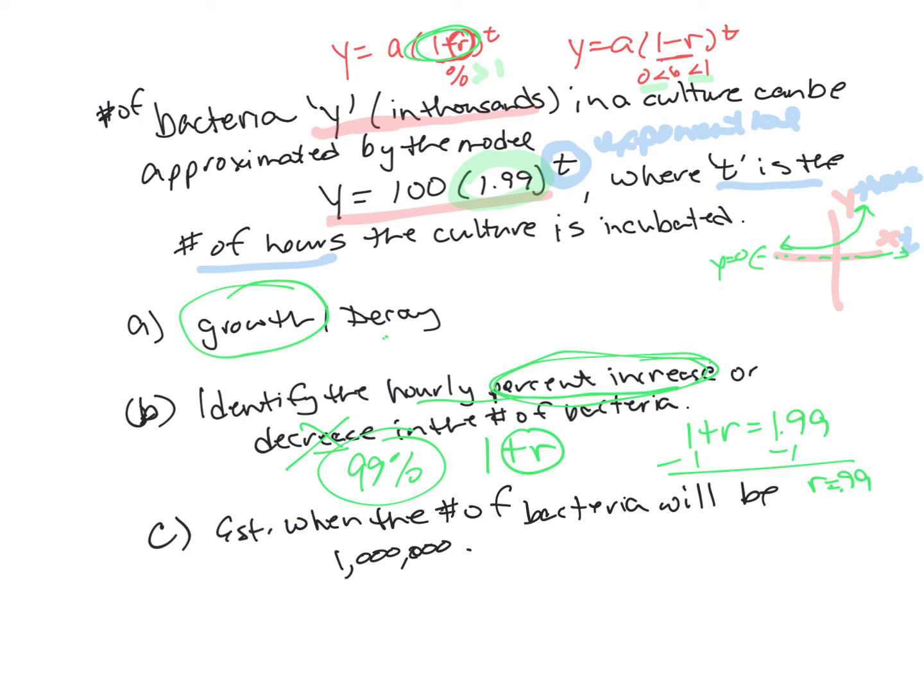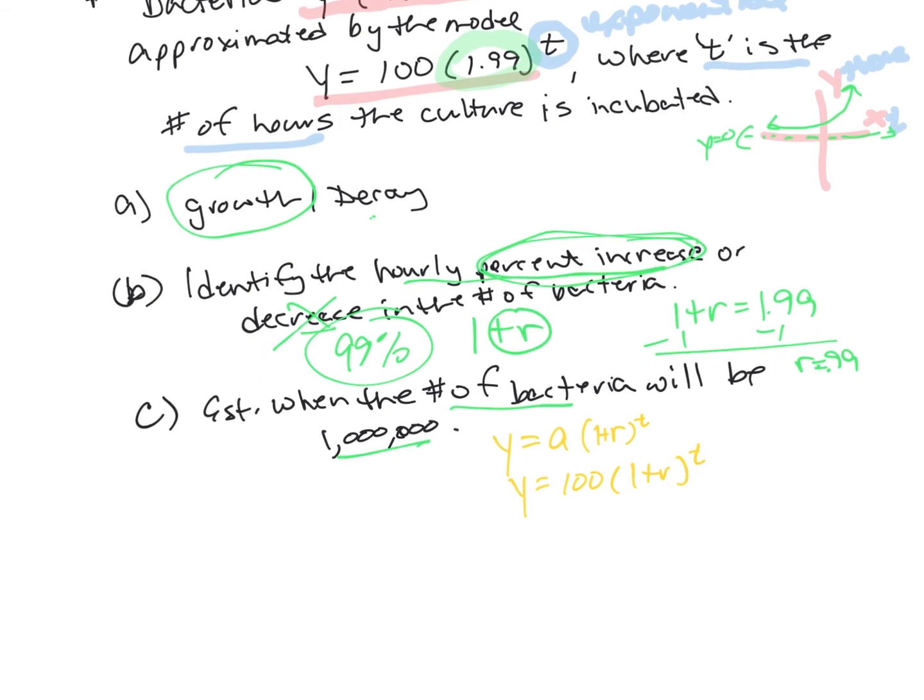Then it says estimate when the number of bacteria will be 1 million. This right here is my Y. My model is Y equals A times 1 plus r to the t, and they actually give me the equation Y equals 100 times 1.99 to the t.